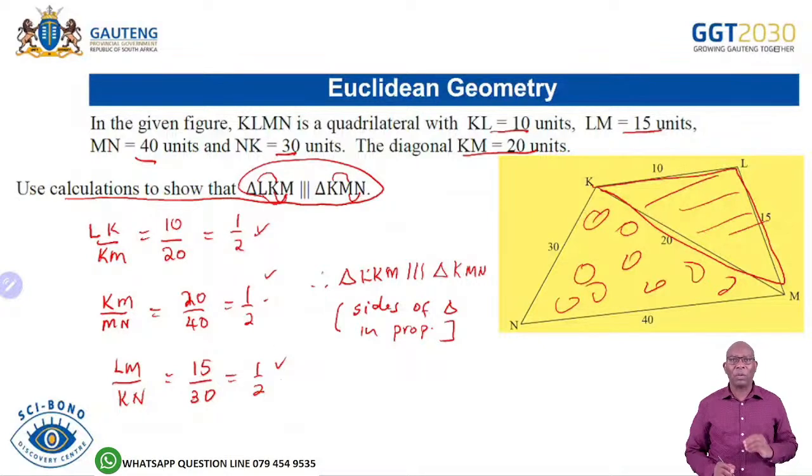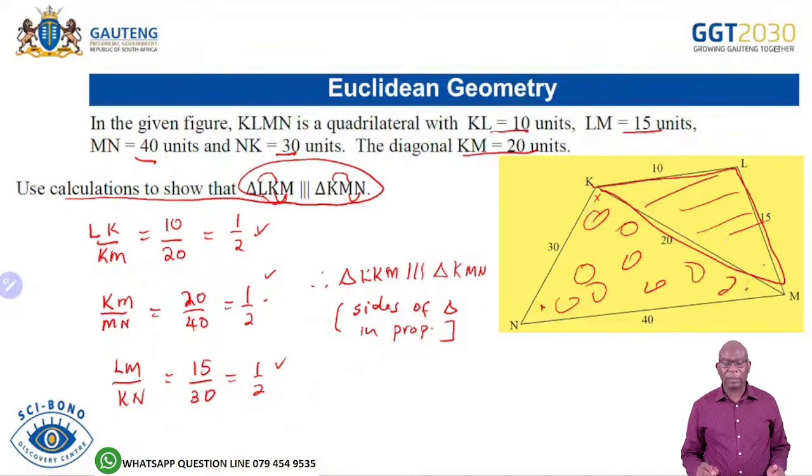If the other one was not half, then I would not say that the two triangles are the same. So these are basic questions that we really need to practice and make sure that we understand. With some questions we'll talk about the angles, with others about the sides.